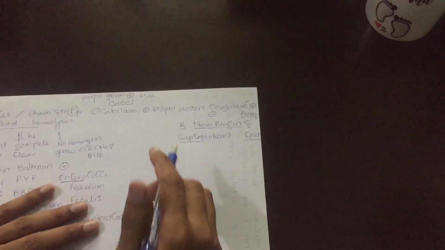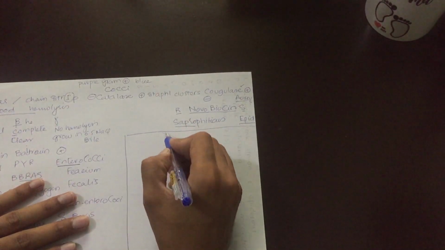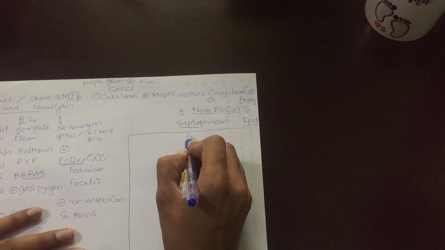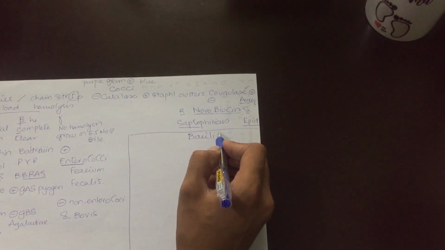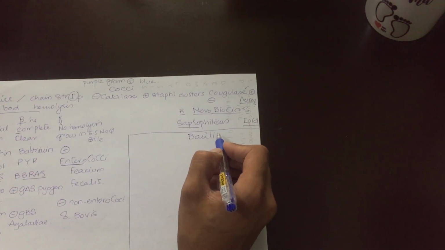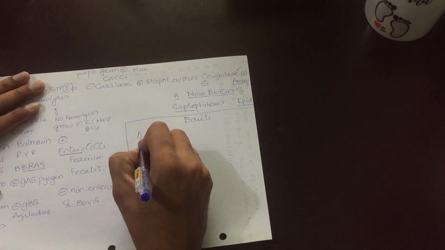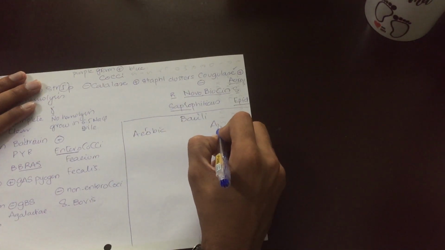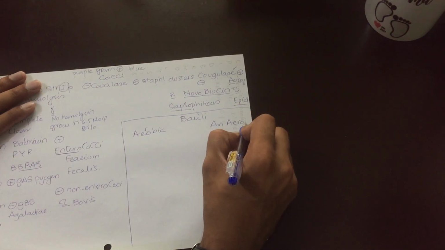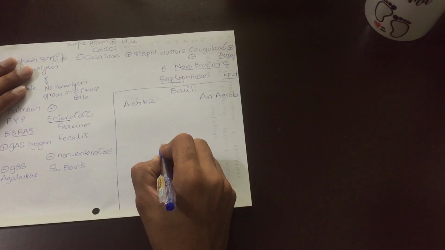The next one is bacilli. For the bacilli we have some classification: there are aerobic, anaerobic, and also filamentous bacteria.